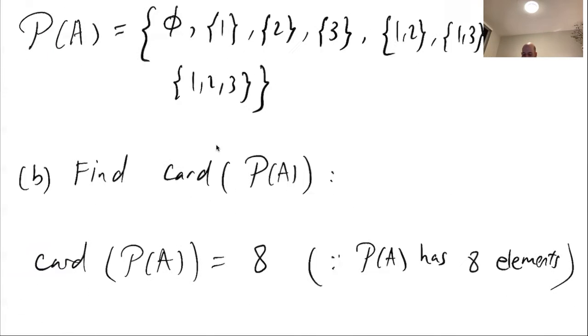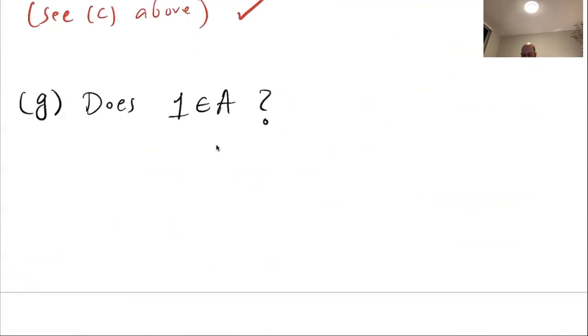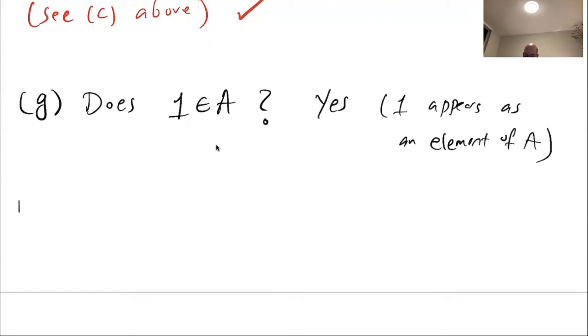Is it exactly as asked? Yes, 1 is here, and we're asking about 1. So the answer is yes. 1 appears as an element of A.